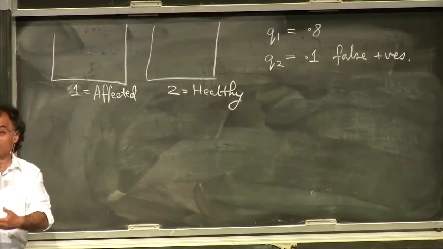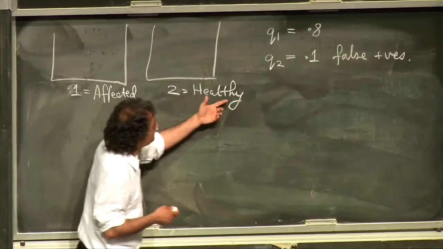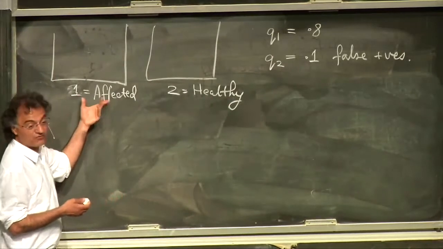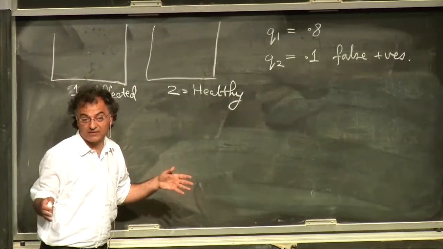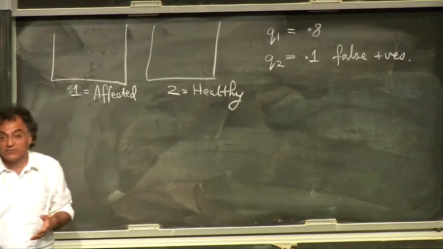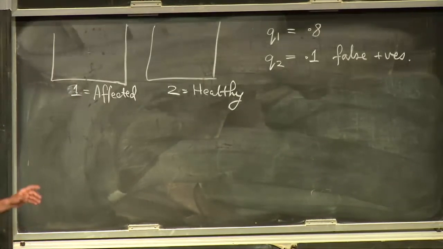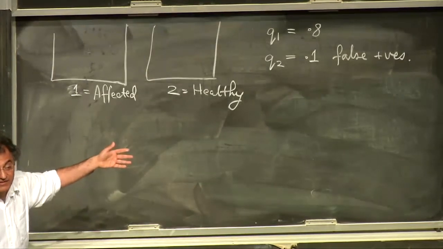So we want to always turn this around. But in order to do that, we can't just do that in the abstract. We have to know what fraction were affected in the general population. Because, for example, if we know that everybody is healthy, nobody in the population is affected, when we apply this test and it comes up positive, we know that the person was healthy, right?